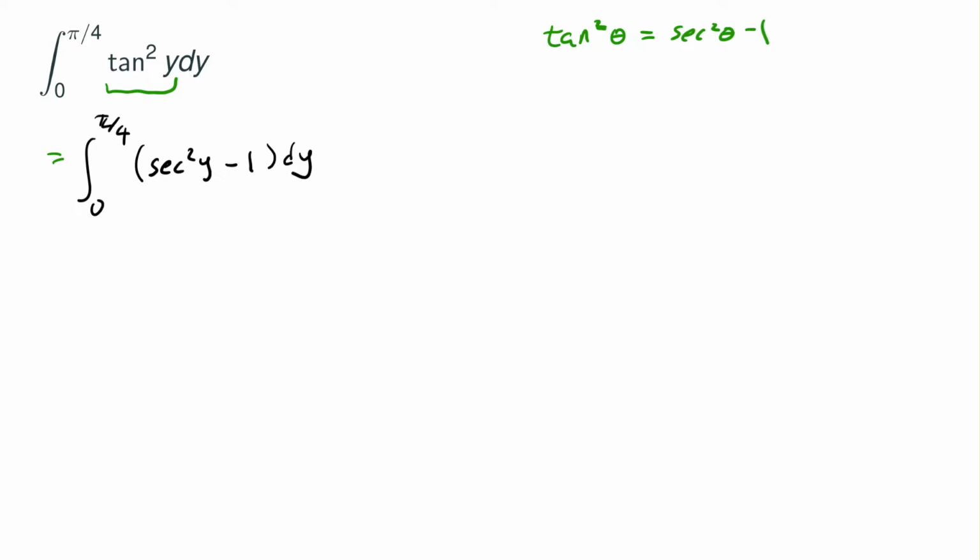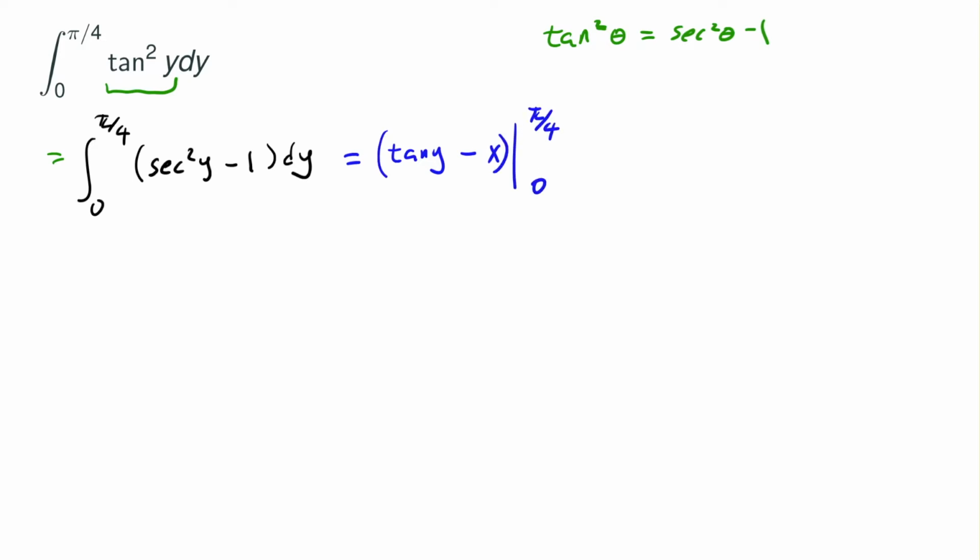Then we know the antiderivative of secant square y. So we can take the antiderivative, which is tangent y minus the antiderivative of 1, which is just y. And we evaluate this at pi over 4 and 0.